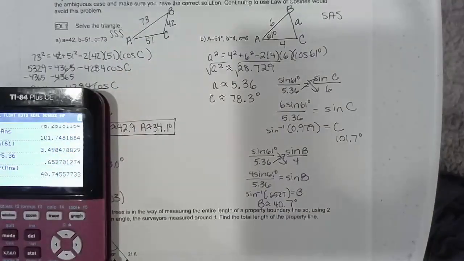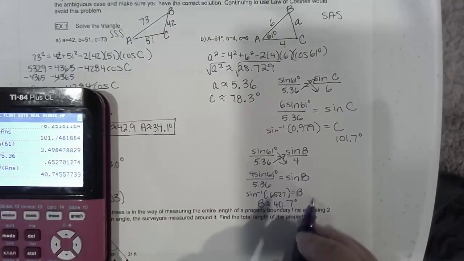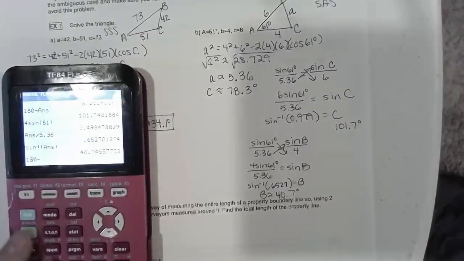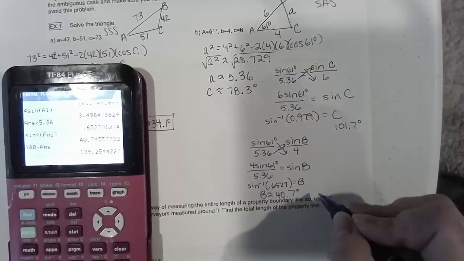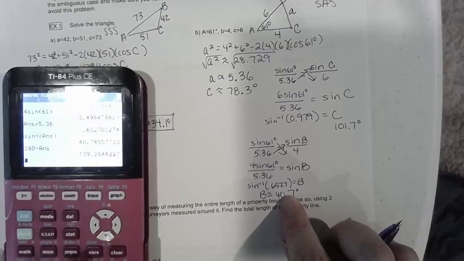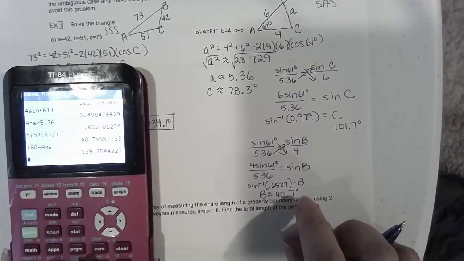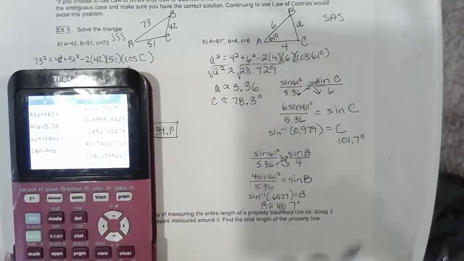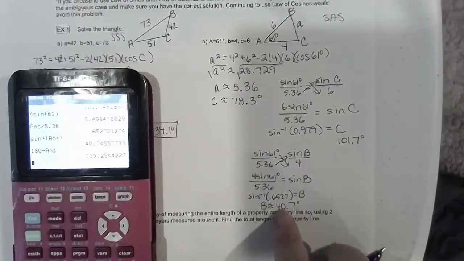And so when I look, if I did 180 minus that value, that would be approximately 139 point something. And that one's definitely going to be too big with the sine of 61. So that means that this one that I'm locked into is going to be the correct one.